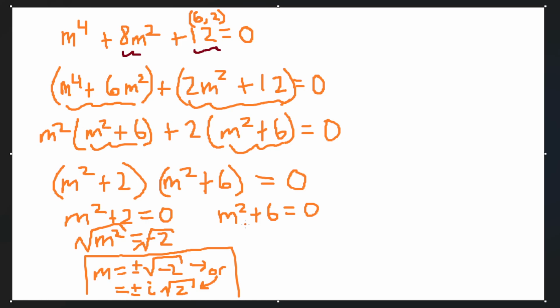Now for m squared plus 6, we subtract 6 from both sides, so m squared equals negative 6.